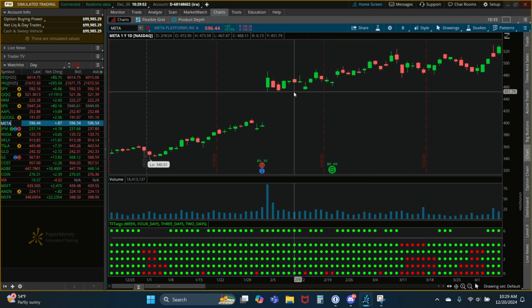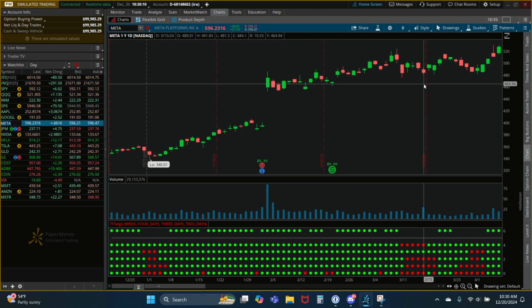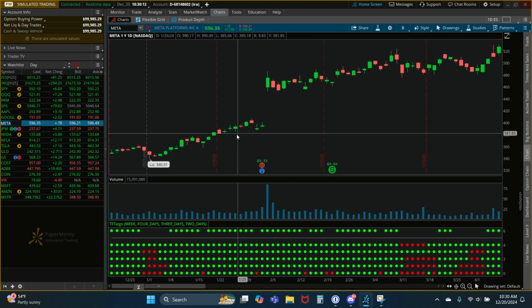So what you could do is maybe take off half your position and secure some profits, and then keep one or two contracts as runners and just let the trend kind of play out. And then you can see here we've got two dots appearing and then four dots, and that would be a place where you definitely want to exit the trade and book your profits. So let's take a look at another one.